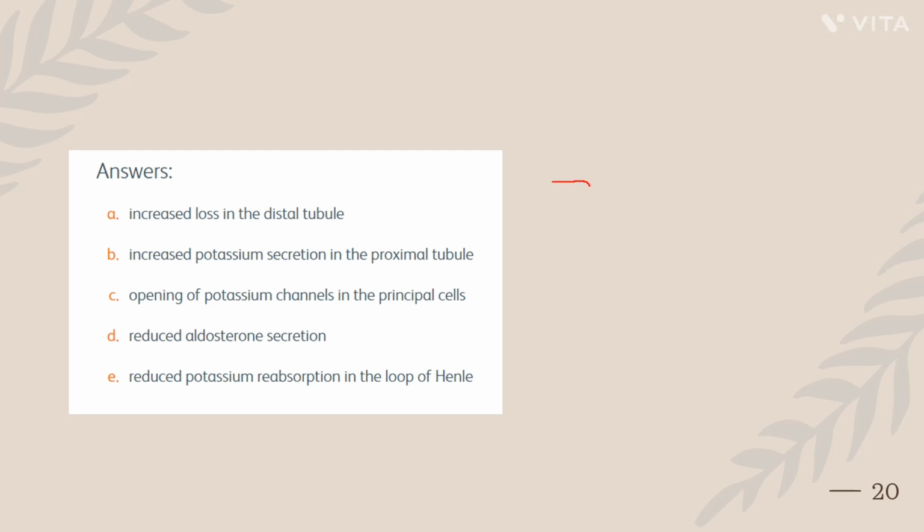So you have your proximal convoluted tubule, descending limb of loop of Henle, ascending limb of loop of Henle, and your distal convoluted tubule finally going into the collecting duct. Okay, so this is your collecting duct.